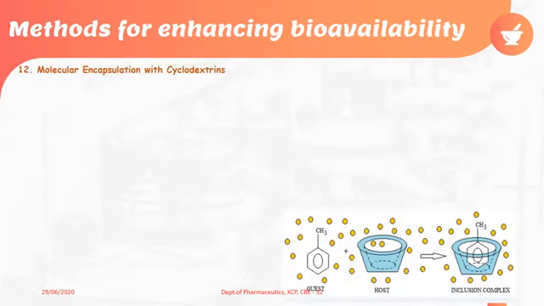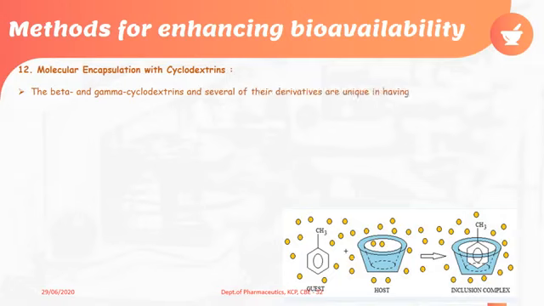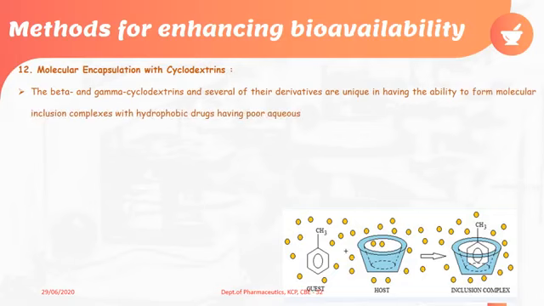The last approach is molecular encapsulation with cyclodextrin. The beta and the gamma cyclodextrin or several of their derivatives are unique in having the ability to form molecular inclusion complex with hydrophobic drugs which have poor aqueous solubility.